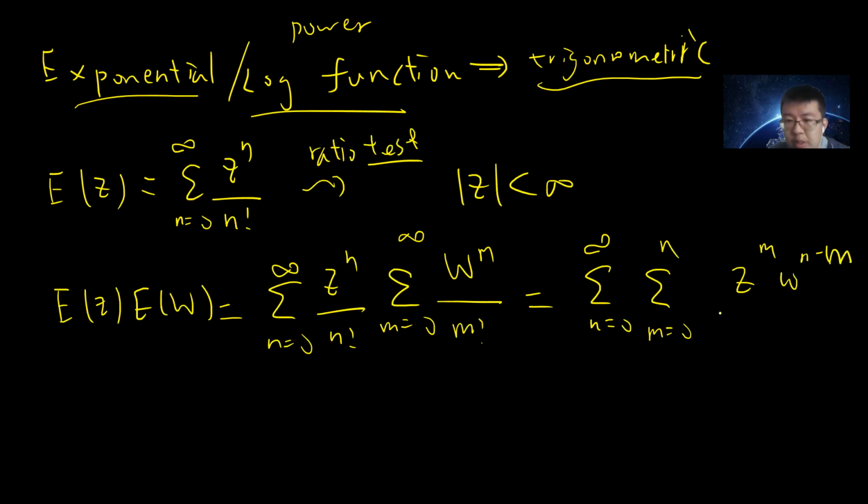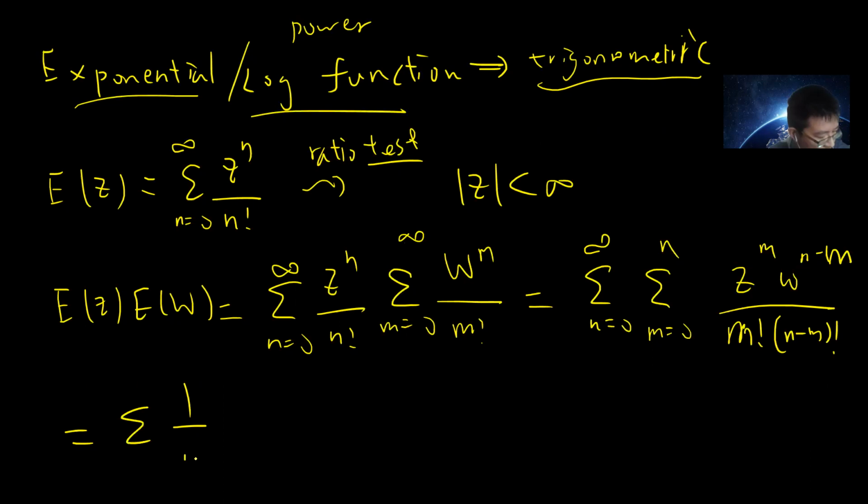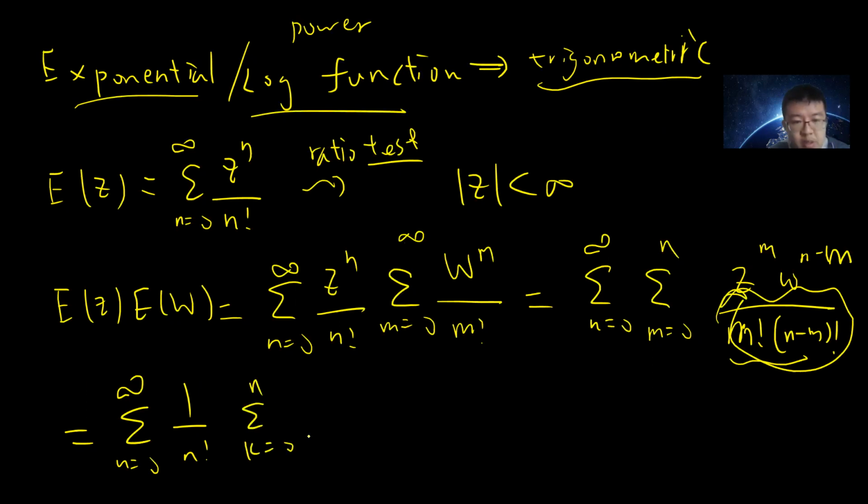And minus n, and n factorial, minus n factorial. Okay, and you just pull out this one, and this coefficient can be written in terms of the binomial coefficient.